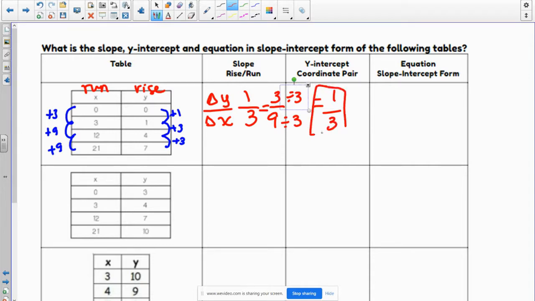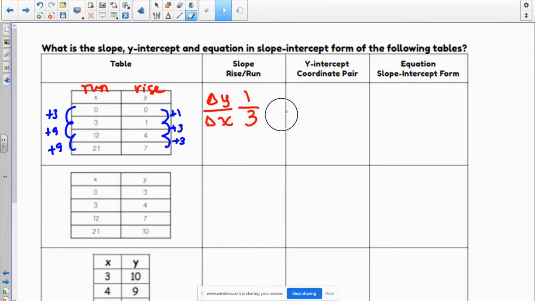So notice that if you reduce the fraction, you're going to get the same slope. So it doesn't really matter which one. Normally, mathematically, we like to pick the unit rate or the smallest fraction. In this case, it's just the smallest fraction of 1/3.